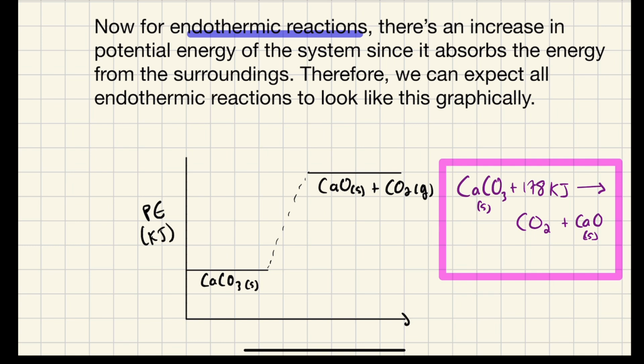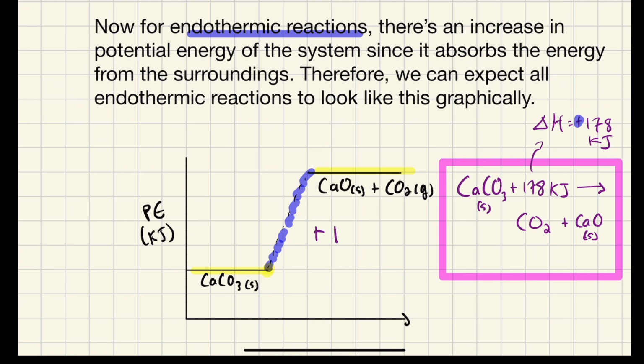If I were to write this as an isolated value, we would say that the delta H is equal to plus 178 kilojoules. And the reason why we write a plus is because, as we could see here, it increases. So the change between when the reactants turn into products, it gains energy to do so.